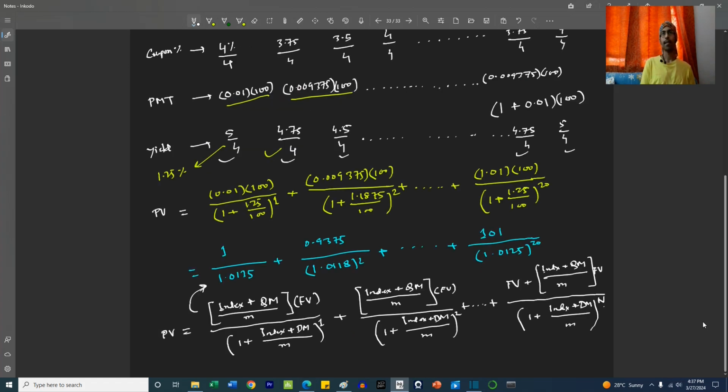So this is our final expression, guys. This is how we calculate a floating rate note.